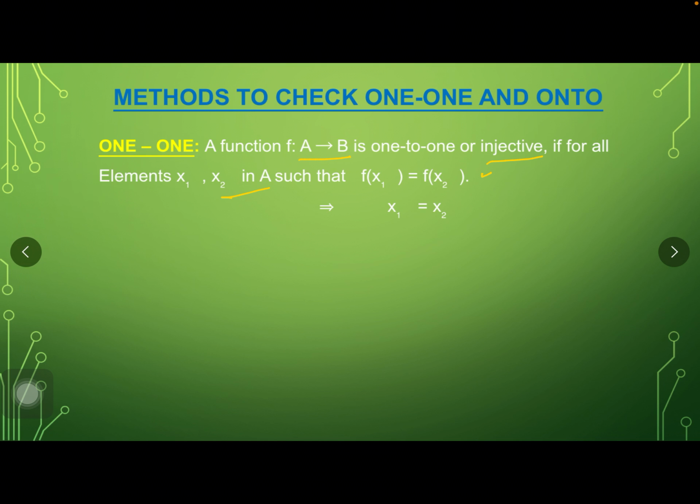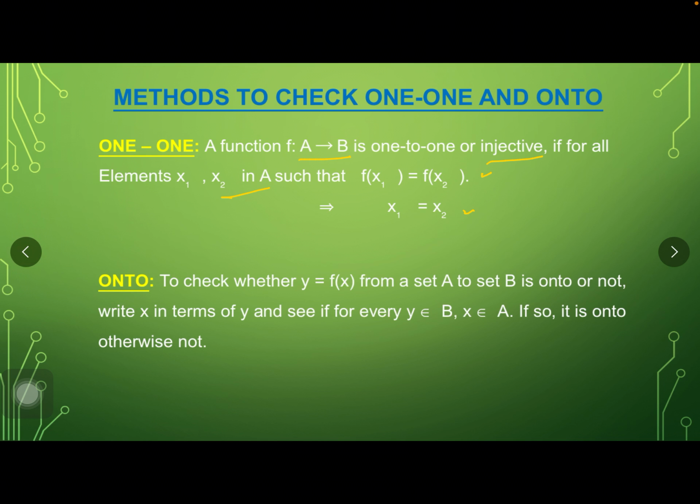So what does it mean? It means we consider that our images are equal, because in our question we are given the function f(x) and we need to check that it is one-one. So how do we do this? First we take that our images are equal, f(x1) equals f(x2).